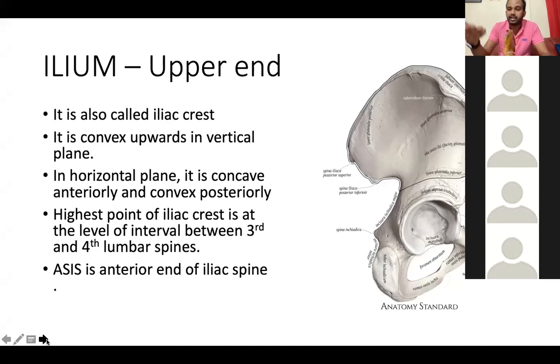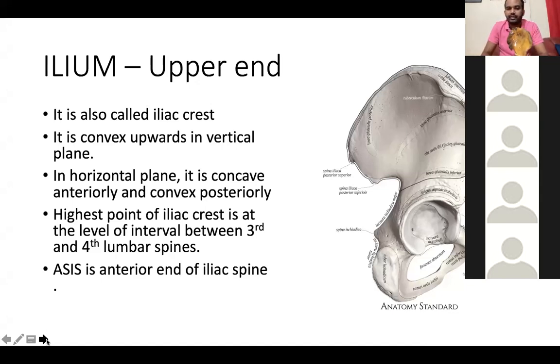In horizontal plane, if you see like this, this is concave anteriorly and convex posteriorly. Can you see here like this? In horizontal plane, this is concave anteriorly, and posteriorly it is convex.